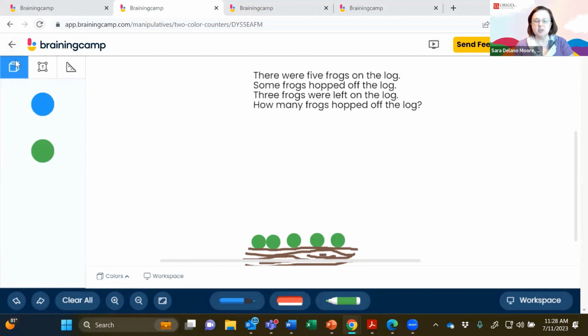And I've deliberately typed each step of the problem on a line so that it's easier for us to see. There were 5 frogs on the log, and I've built a model for that. I've drawn my log. I've got 5 counters on there representing my 5 frogs. Some of the frogs hopped off the log. That's great. That means some of them left, but I don't know how many.